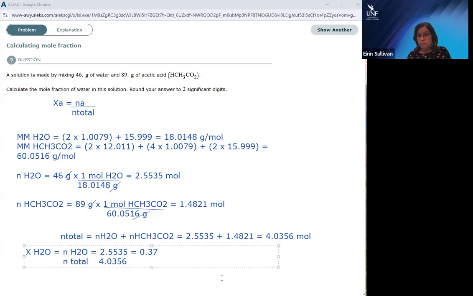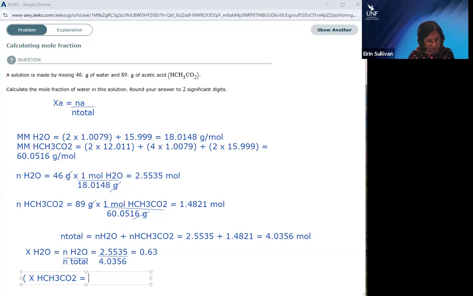So it's kind of like a decimalized percentage, right? About 63% water in terms of the moles. So that allows us to now say with great confidence that water is the solvent and the acetic acid is the solute.